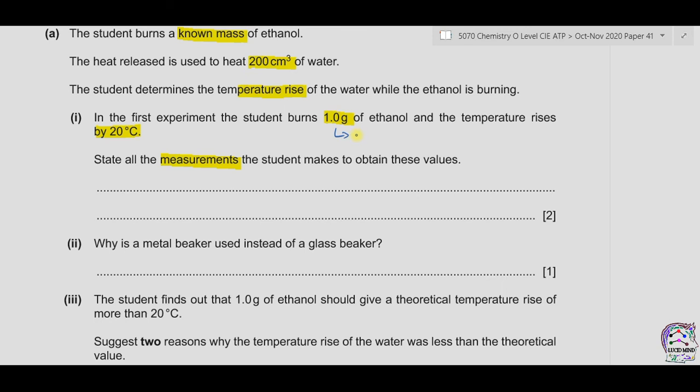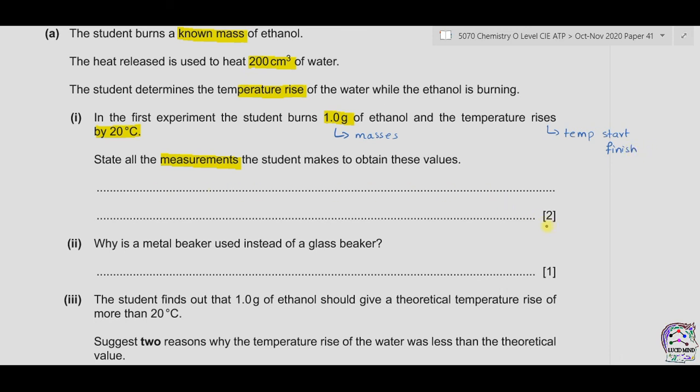To find 1 gram, he will subtract the final mass from the initial mass. The second thing is the temperature rise. This can be obtained by measuring temperature changes from start to finish, so the student must know the temperature at the start and at the end.